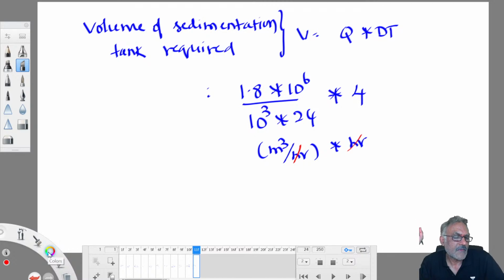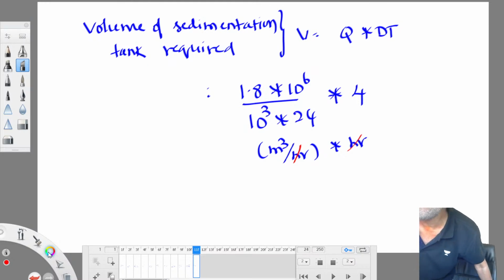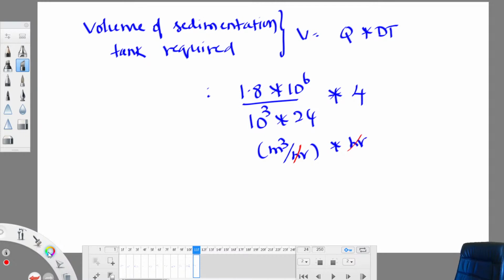Oh, sound problem. Is it reverberating? Okay, I'll adjust. I'll adjust one minute and see that you don't get any such problem.